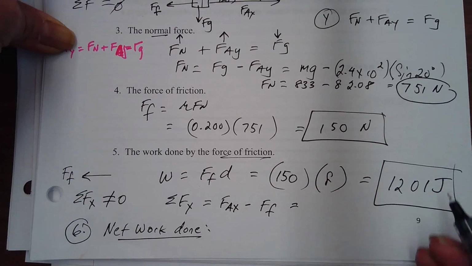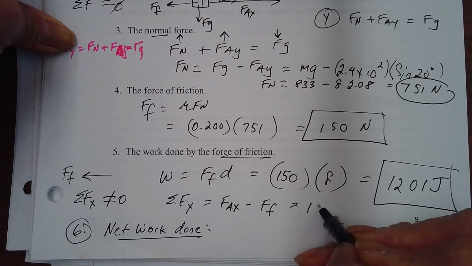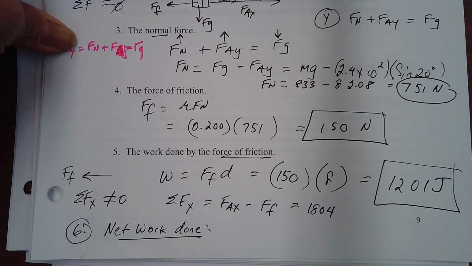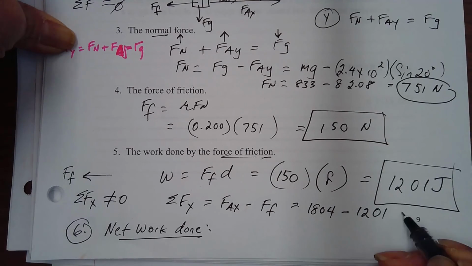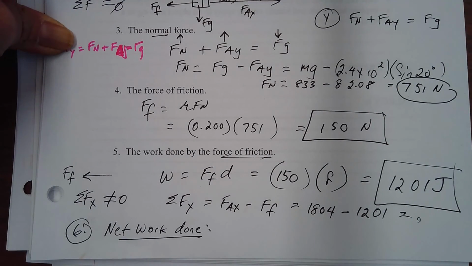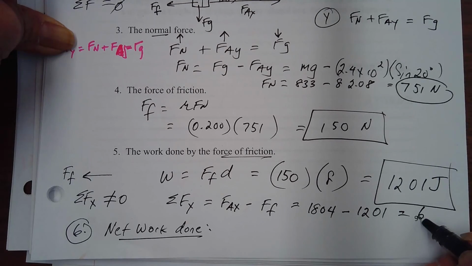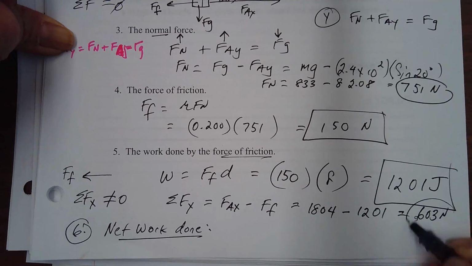Well, what's the Fa of x? We did that in question 1, 1804. Frictional force, that's the friction, is 1201. So what is it? 1804 minus 1201, and you get a net force along the x of 603 newtons.